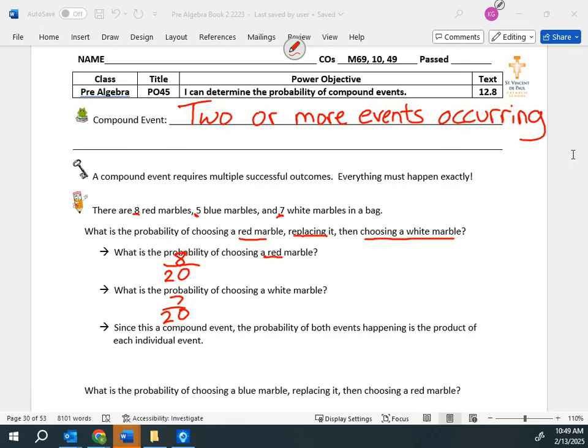So first thing is we have to figure out what our events are. Event 1 was choosing the red, event 2 was choosing a white. So I have 8 over 20 and 7 over 20.